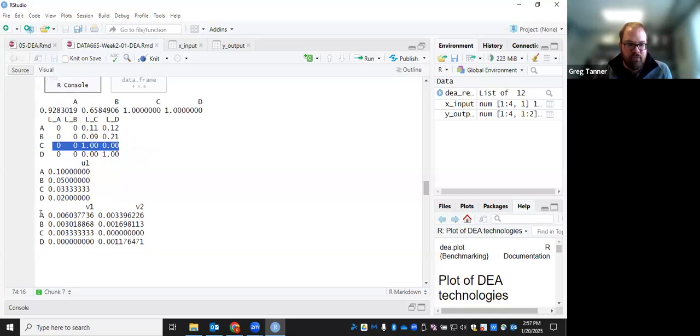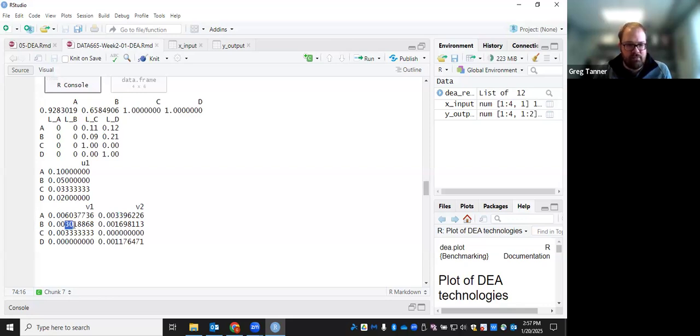And so for DMU A, if we compare these two weights here for the outputs, it's in some sense saying that output 1 is almost twice as important to it as output 2 is. So 0.006 versus 0.003. So DMU A puts more value on the first output than it does on the second.